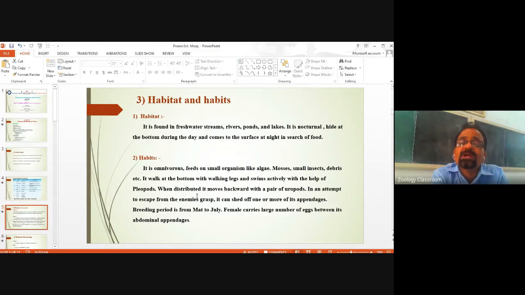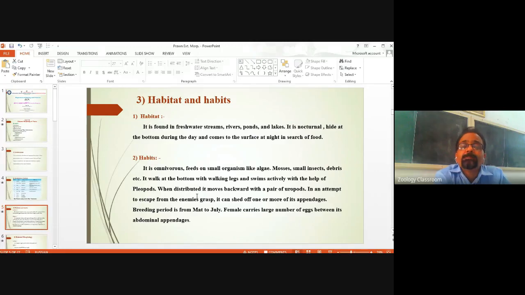And here the same type of behavior is also shown by the prawn. To escape from the grasp of the enemy, it sheds off its appendage so that the enemy is diverted to the movements made by that appendage, and it may lose its grasp, and the prawn may easily escape. So such protective behavior is exhibited by the prawn.